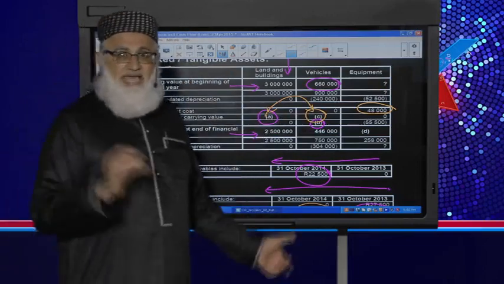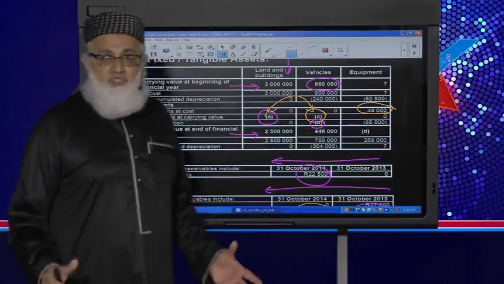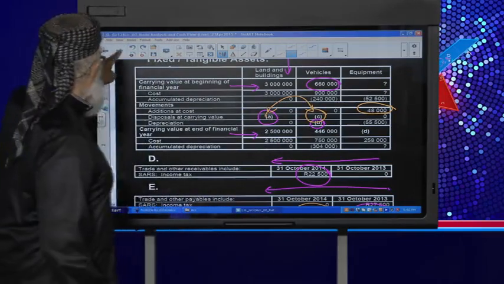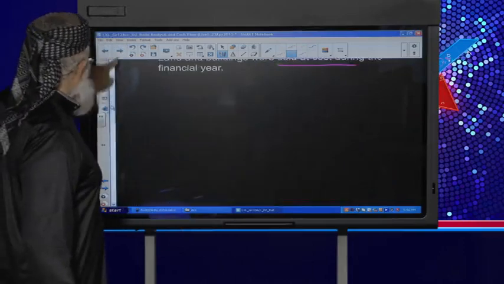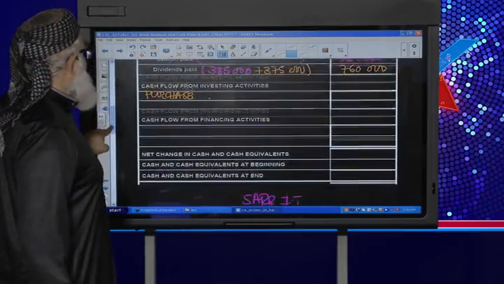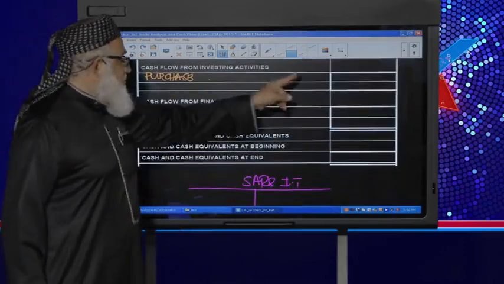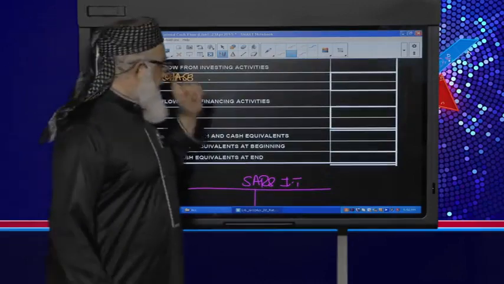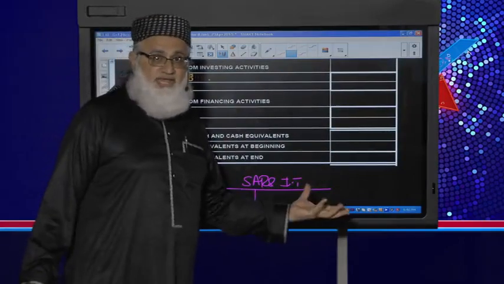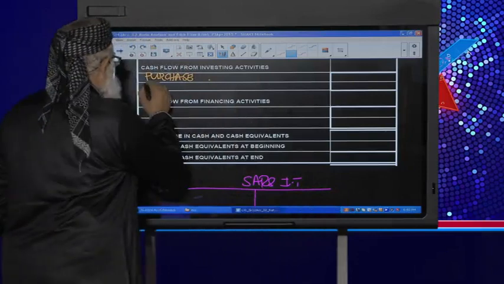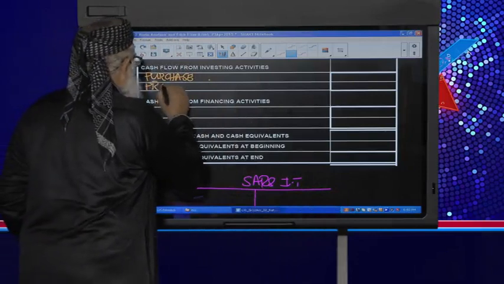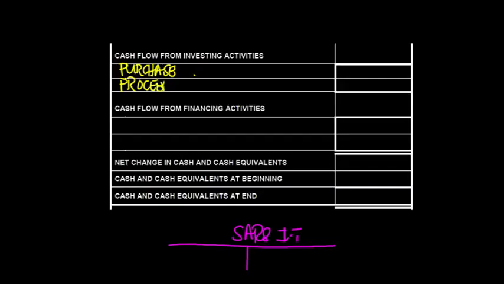So the 582,000 would be the proceeds of my disposal. So what are we saying? With the purchase, you would indicate the amount that we purchased, which was the 48,000, and under the proceeds, you would indicate the figures that we just mentioned now.